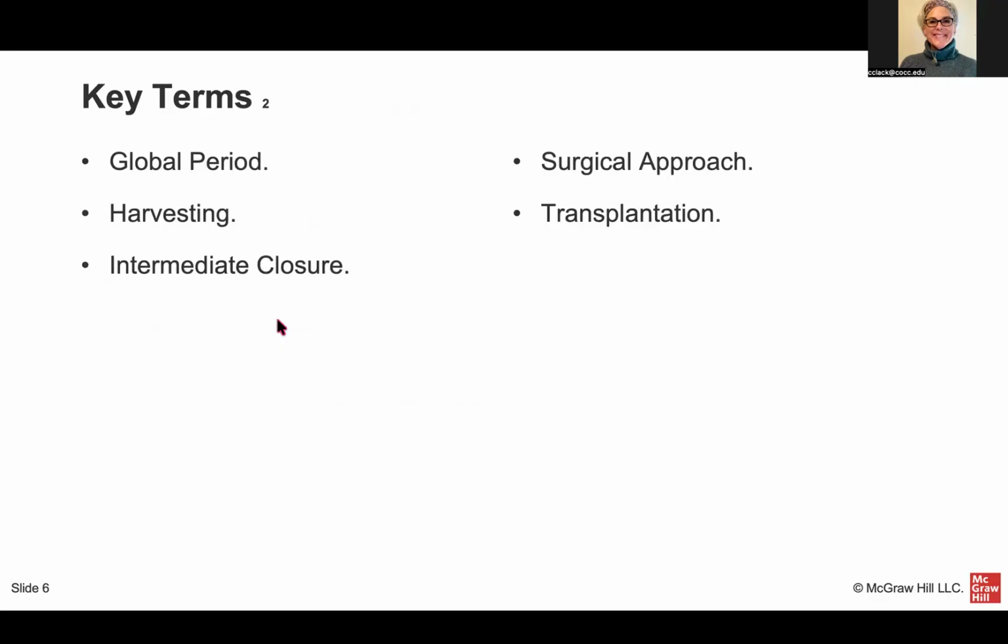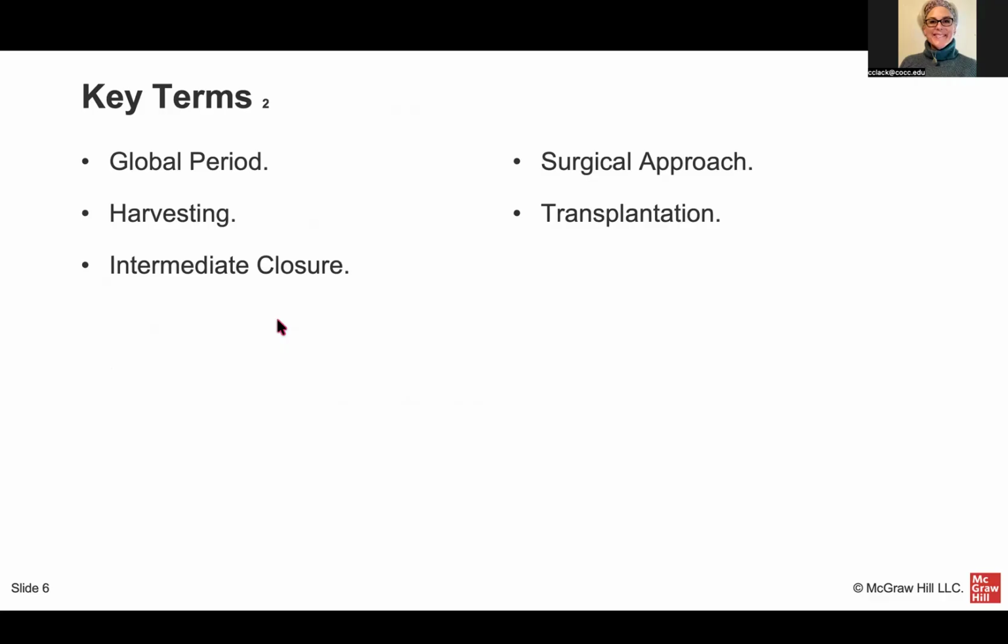Now, here are the remaining key terms: global period, harvesting, intermediate closure, surgical approach, and transplantation. I want to call out global period specifically because it connects directly to Learning Outcome 26.3, and it comes up constantly in real world practice.